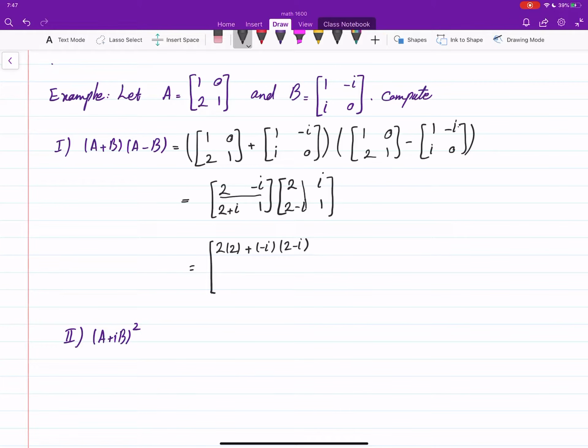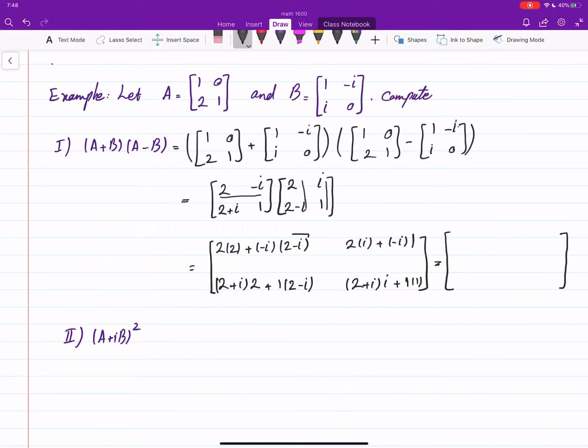Then first row, second column, 2 times I plus negative I times 1. Then second row times first column, 2 plus I, plus 1 times 2 minus I. And 2 plus I times I plus 1 times 1. As I said, everything as before, but now you're adding or multiplying two complex numbers.